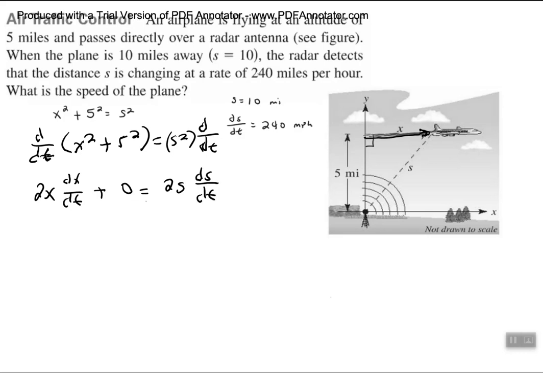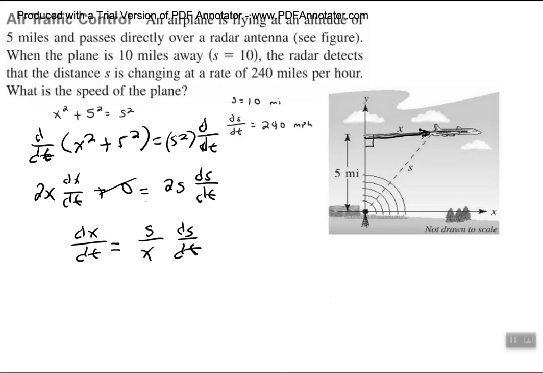And we need to solve this for dx/dt, so let's divide both sides by 2x. So the 2s will cancel, so that leaves me with s over x times ds/dt. All right, so to find dx/dt at any given time, we need the value of s, we need the value of x, and we need the value of ds/dt.